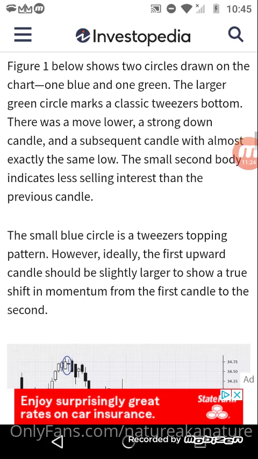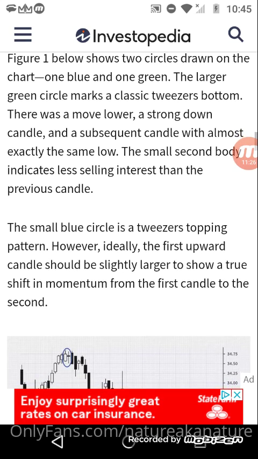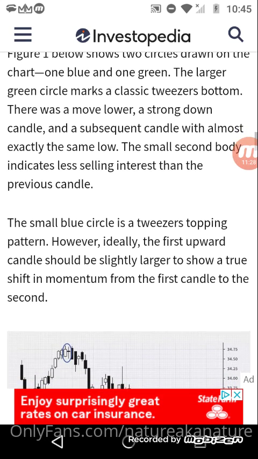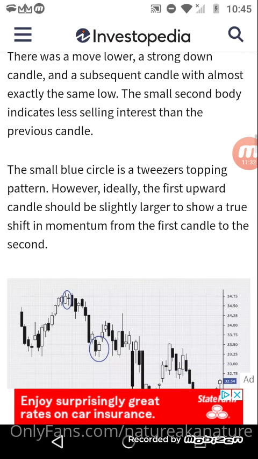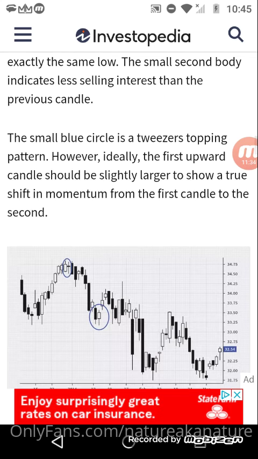If you see a tweezer bottom or a tweezer top, the tweezer bottom is engulfing, and that's a bearish engulfing pattern basically. But you will see its opposite.